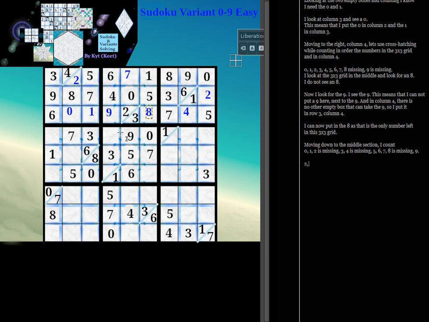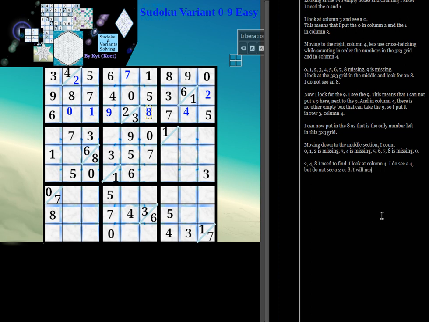Okay, 2, 4, 8 I need to find. I look at column 4. I do see a 4, but do not see a 2 or 8.